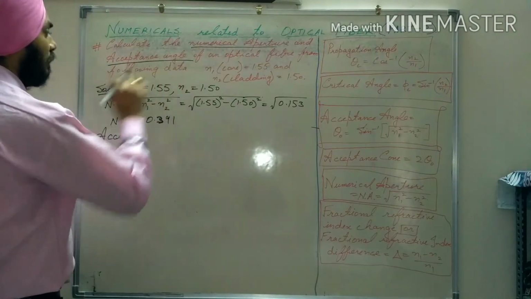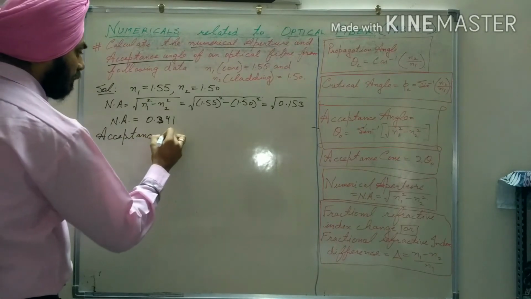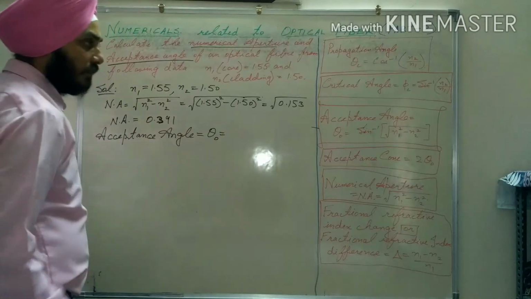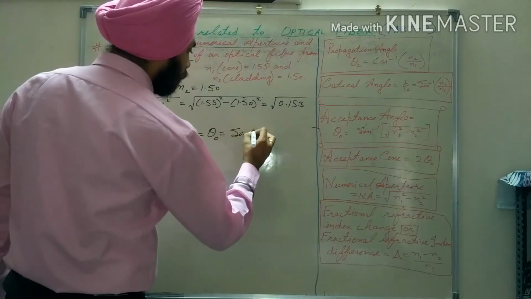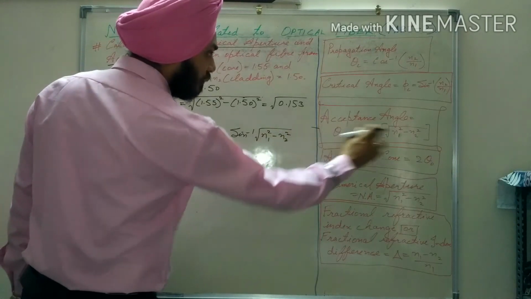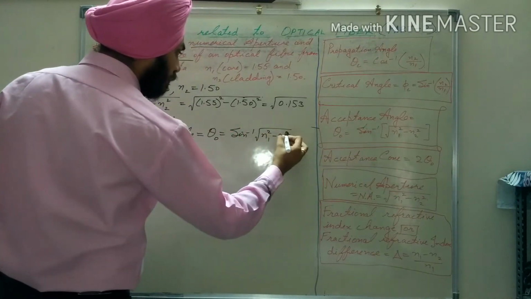Acceptance angle is theta naught, and theta naught is sine inverse of root n1 square minus n2 square. This is the formula mentioned here, right?